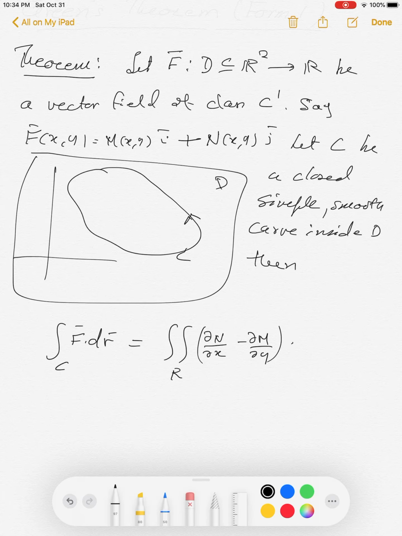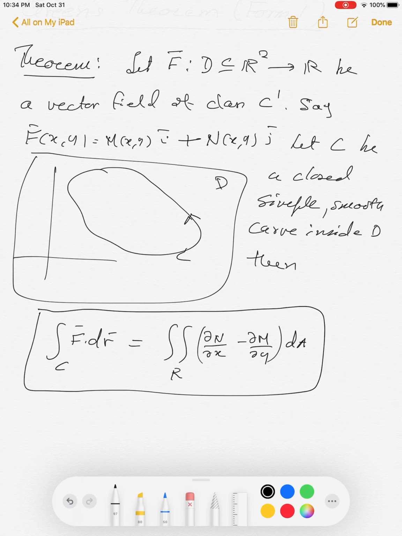This function will have a meaning. Later on we'll see that this measures something called the circular density at a point, but we will worry about that later. So this is an important relation between a line integral and the double integral.